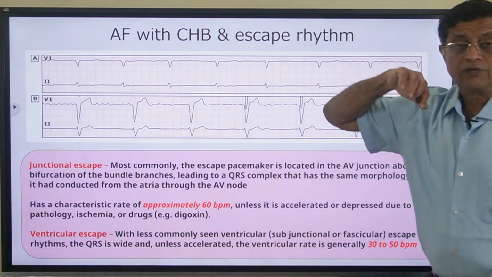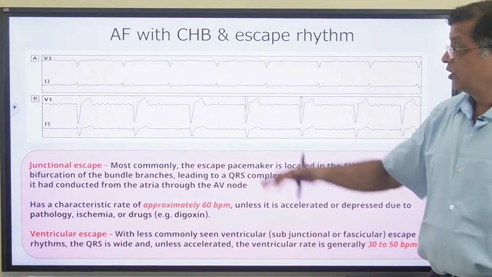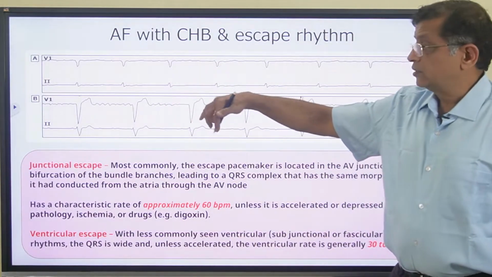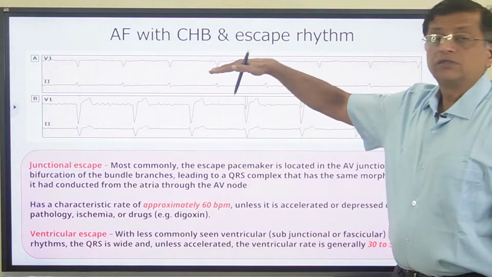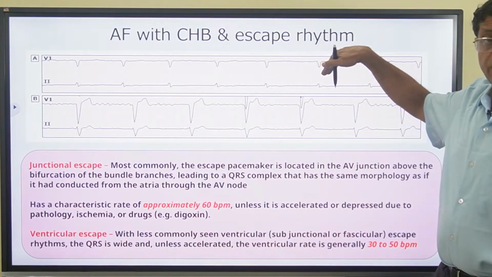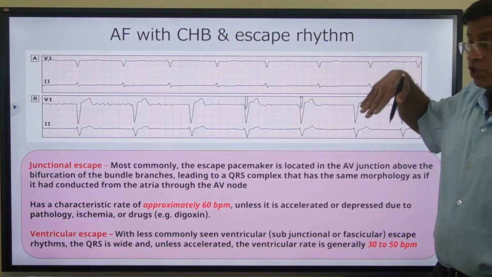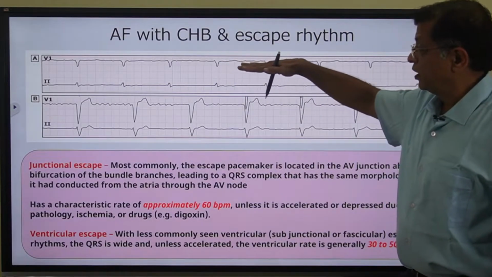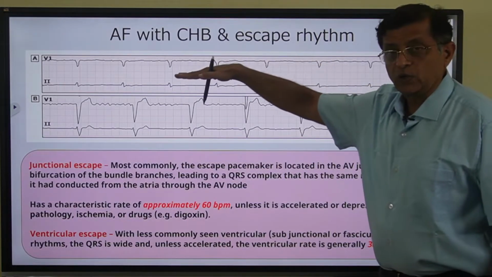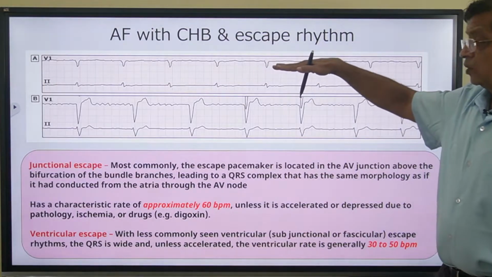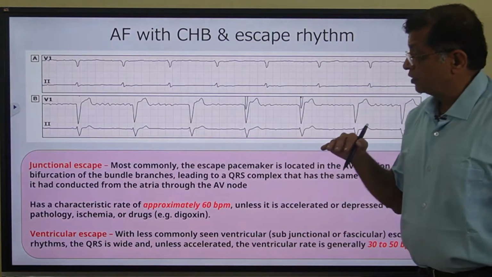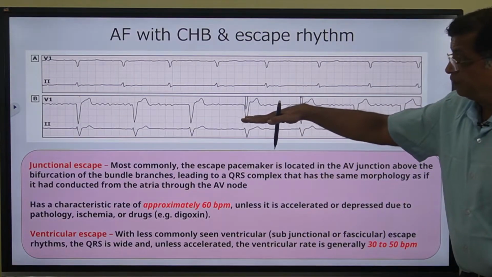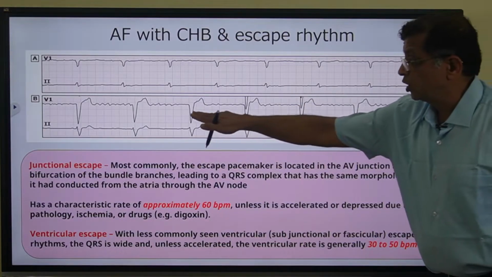The atrial fibrillatory waves are not carried downwards to the ventricles. What is going down is the escape rhythm that is generated from the junction. So, if it is a junctional rhythm, the QRS will be relatively narrow and the rate will be around 50 to 60. If the escape rhythm comes from the ventricles, then the QRS would be wide.